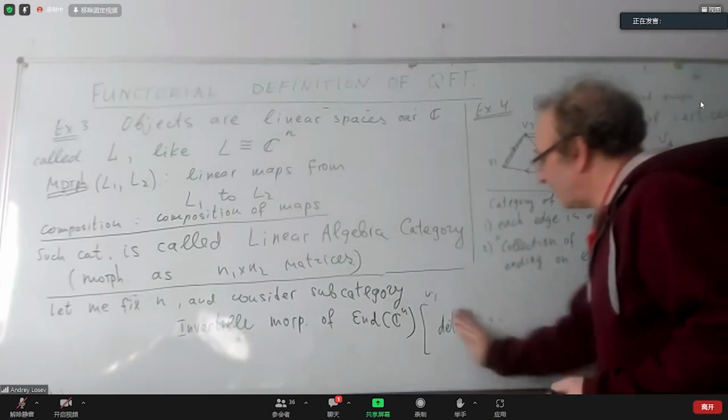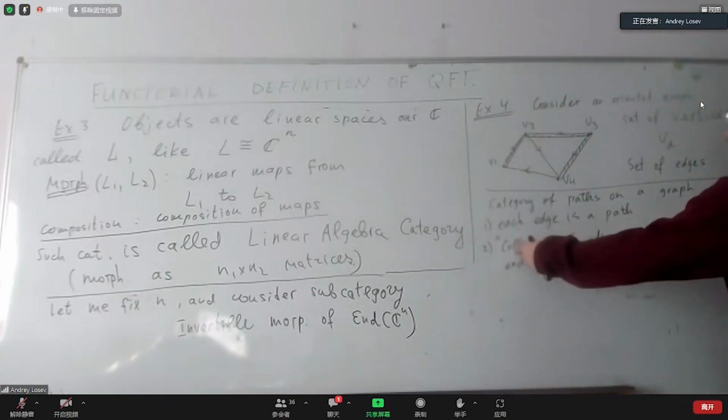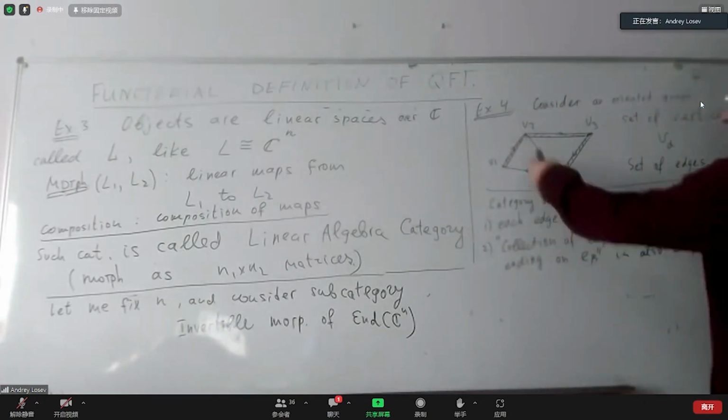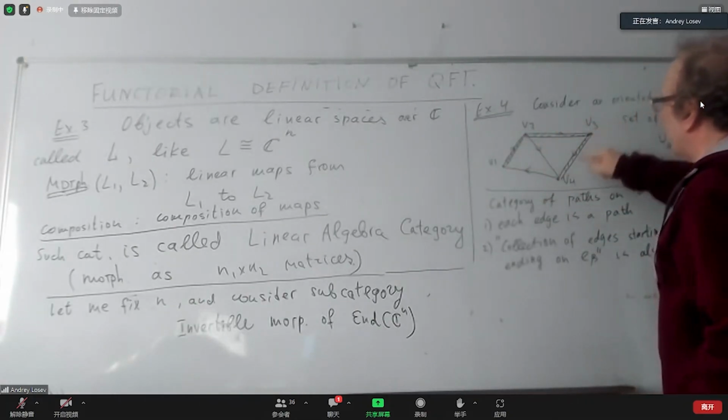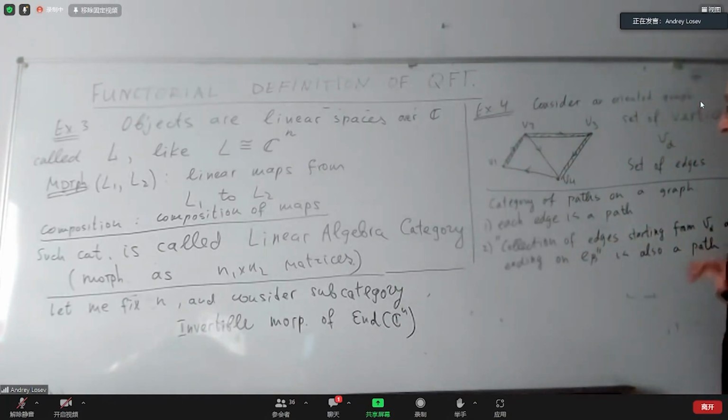So, you see, this is the informal understanding. A path is something where you go along edges. But this is for physicists.